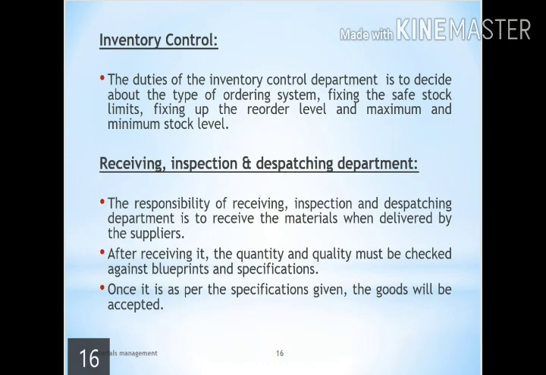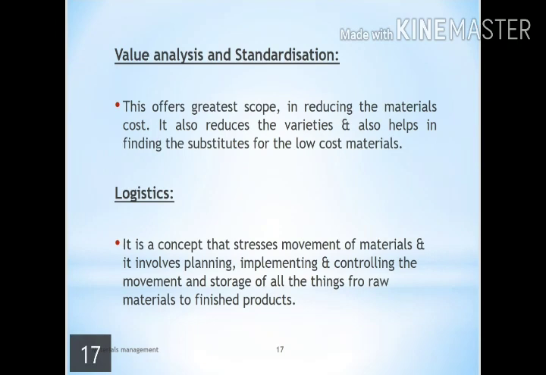Non-production items will also be received and reviewed. Once it is as per the specifications given, the goods will be accepted. As said earlier, if it is not as per the specifications, we will be returning it or rejecting it.